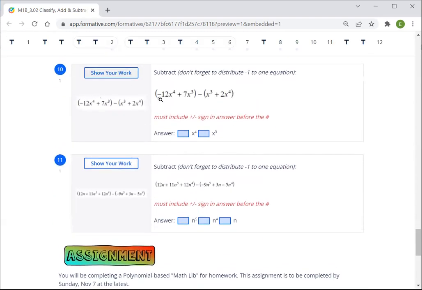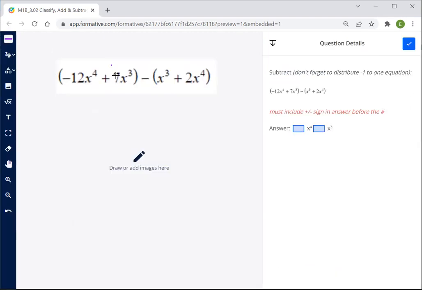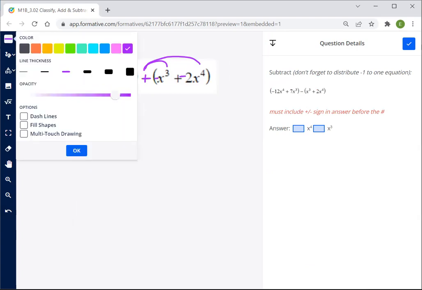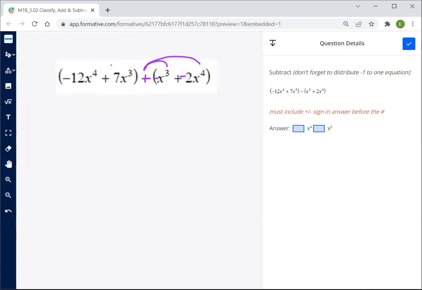Then we have some subtraction. The only thing different is you need to make sure you distribute the negative first. How I do this is I just go ahead and put the negatives in the parenthesis and then change it to positive, because then once you distribute that negative, you're combining your like terms. Then we can go ahead and combine. We have -14 and now a -2.